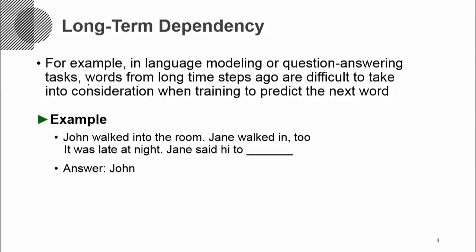So the words from long time steps ago are difficult to take into consideration when training to predict the next word. So let's look at this example. John walked into the room and Jane walked in too, and it was late at night and Jane said hi too. So in this case, the answer will be John, which appeared here in our sequence.